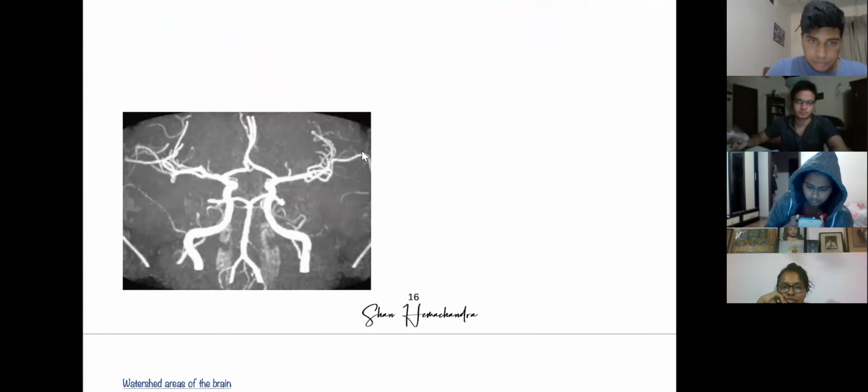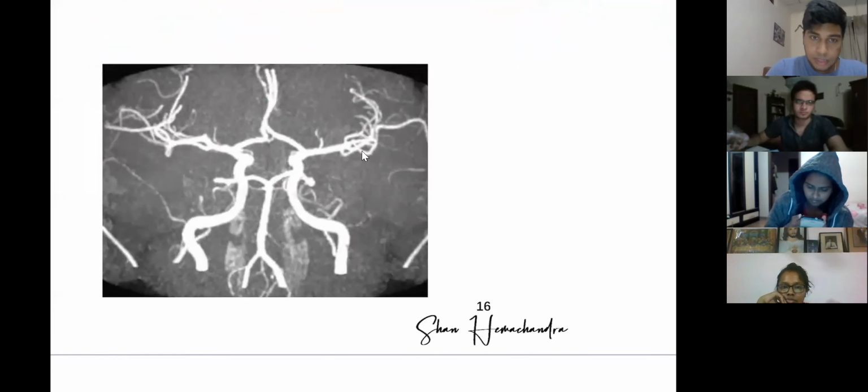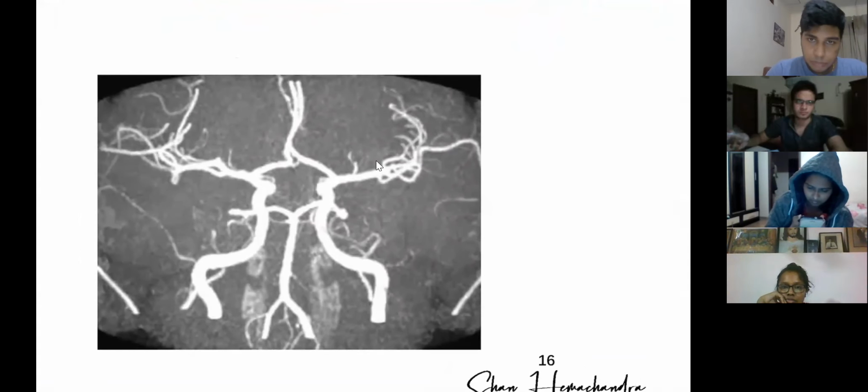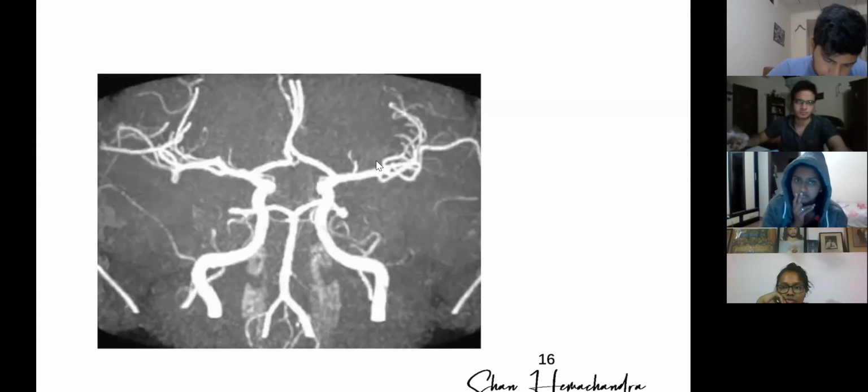Let's go to this. This is an MRI. This is called an angiogram of the brain. Okay, you can clearly see the circle of Willis, and if you have gone to hospitals and you have seen patients, you should have seen the structure in an MRI. Very common structure.